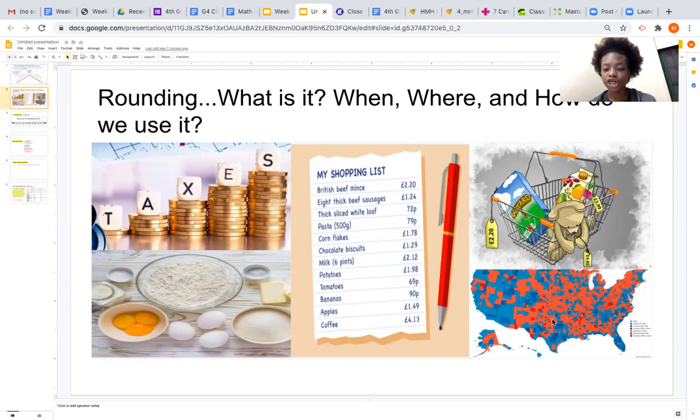Also, when we think about how many people live in a place like the United States, it's such a massive country that it's hard to tell the exact number of people that live here. So we round, like approximately or about 300 million people live here, for example, and with shopping. These are just some situations where you already use rounding.